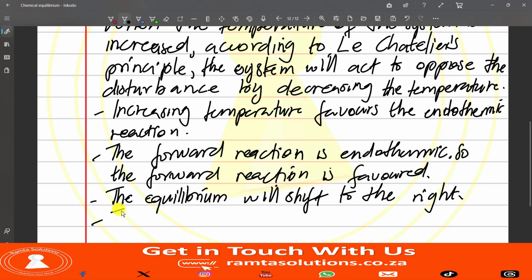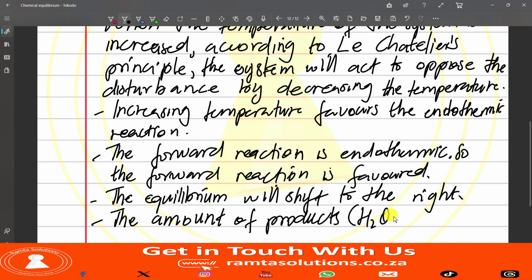So that means the amount of products will increase, right? What are our products here? It was water vapor and carbon monoxide, right?